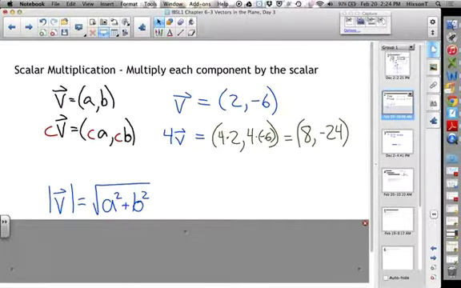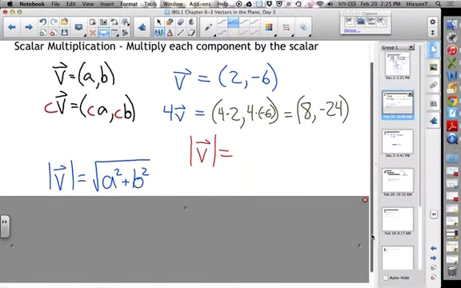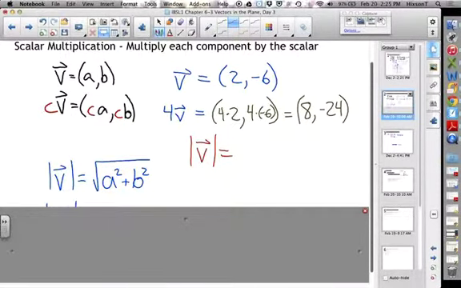So the magnitude of v is the square root of a squared plus b squared. So find the magnitude of v. And how would we do that?